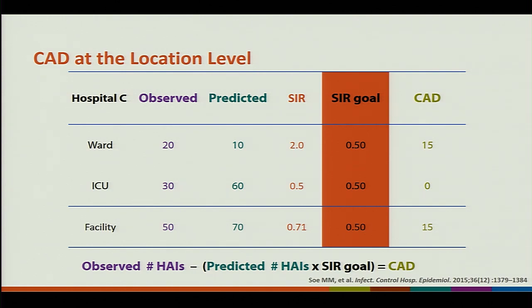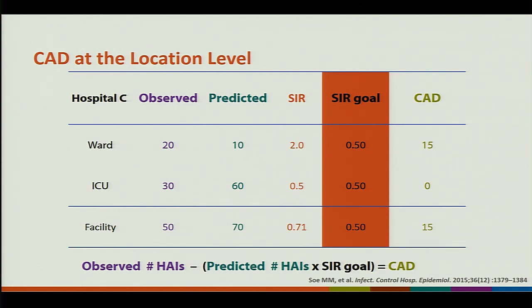The predicted is 10 for the ward and 60 infections predicted for their ICU. This is all a fictitious example. But when we look at the SIR, the ICU SIR is 0.5. The ward SIR is 2.0. Well, we know as a facility, they have an SIR of 0.71.